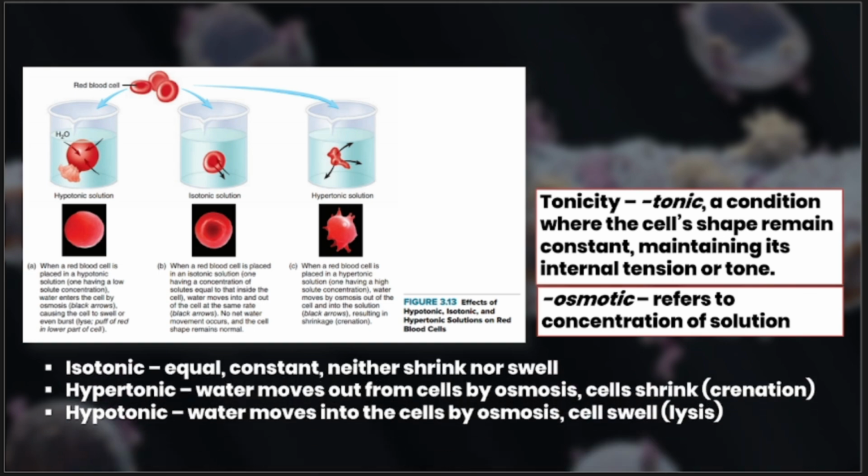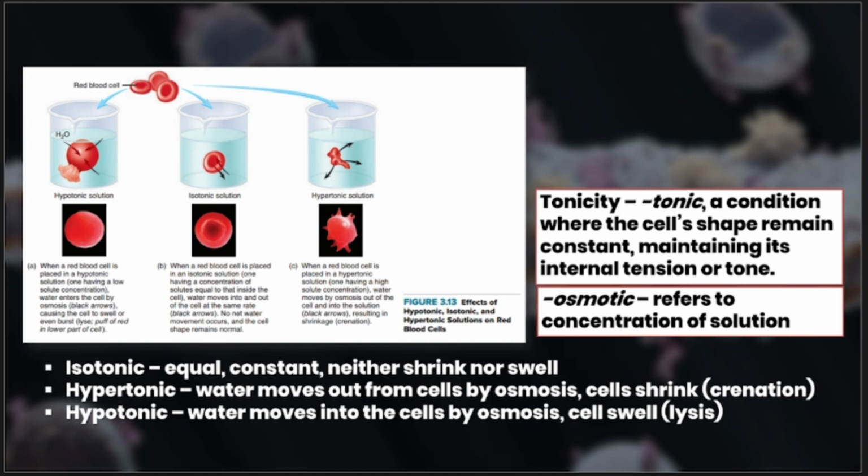Definitely, if it's an isotonic solution, it is equal and constant, and neither your blood cells, specifically your erythrocytes, would shrink or swell. If it's hypertonic, water will move out of cells by osmosis.